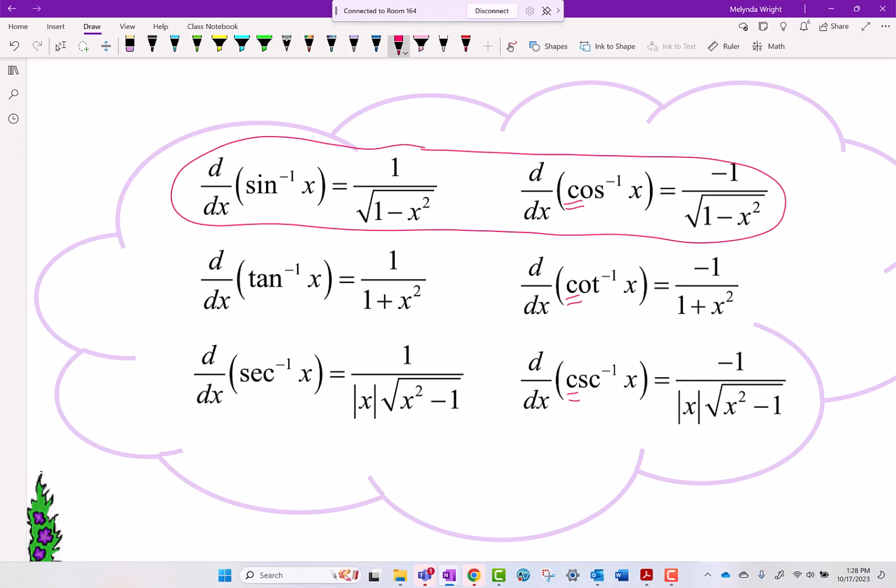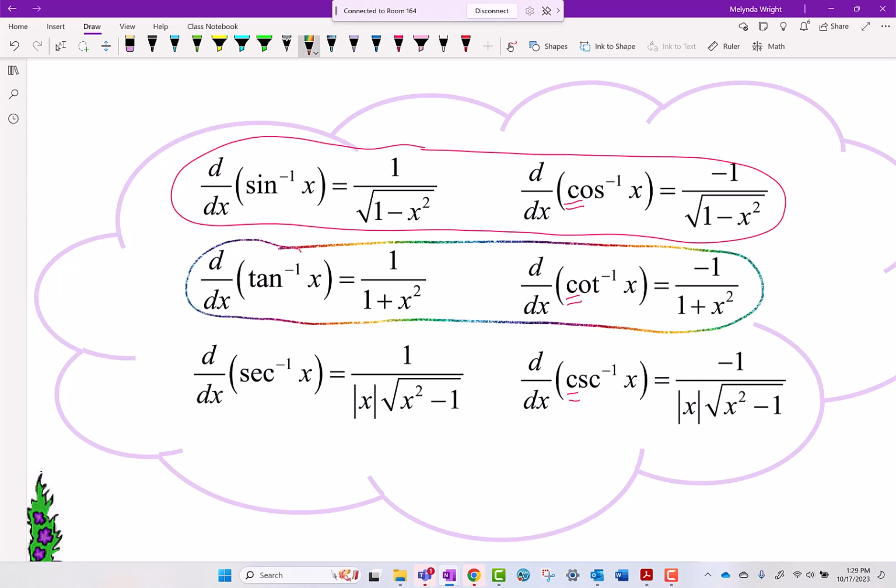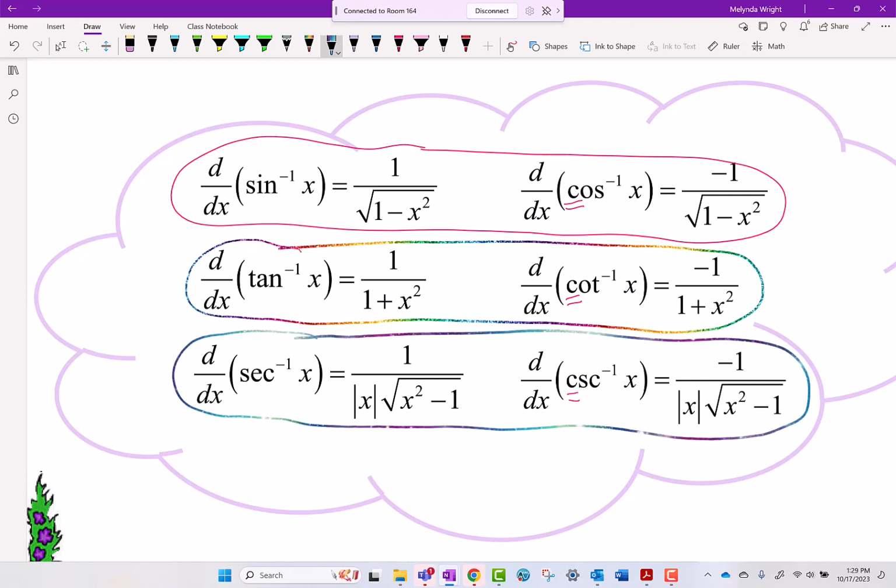Arcsine and arccosine are exact duplicates of each other, it's just that the arccosine one is negative. Likewise with arctangent and arccotangent, they're exactly the same, but arccotangent is the negative version. And lastly, arcsecant and arccosecant are exactly the same formulas, but arccosecant is negative.